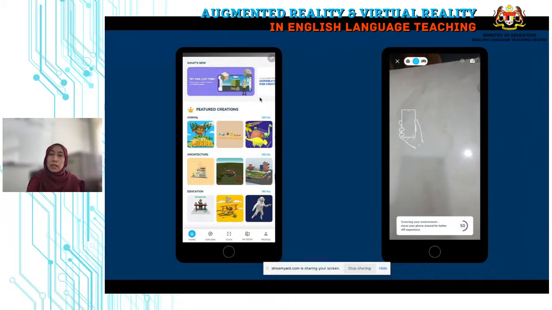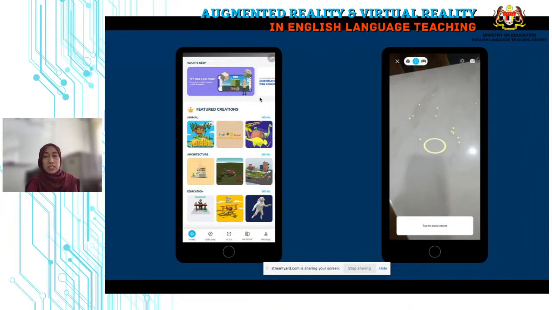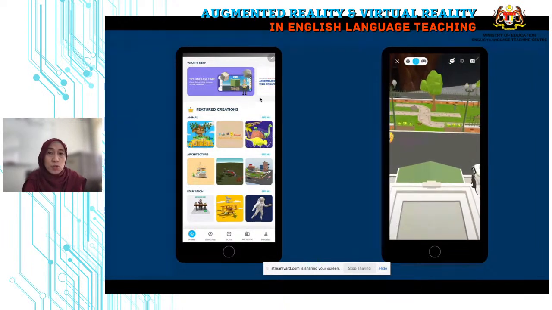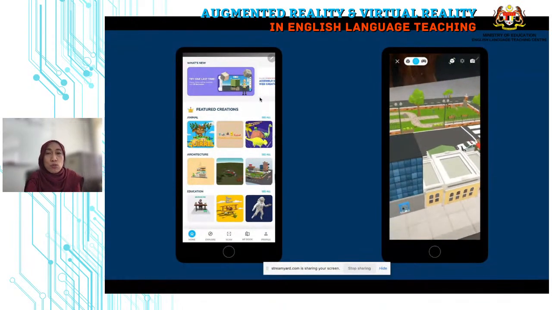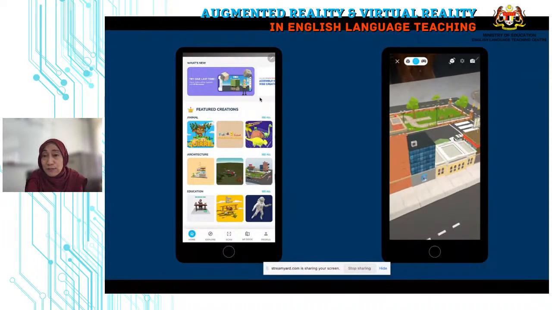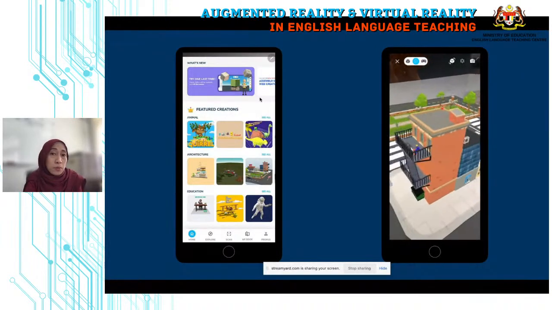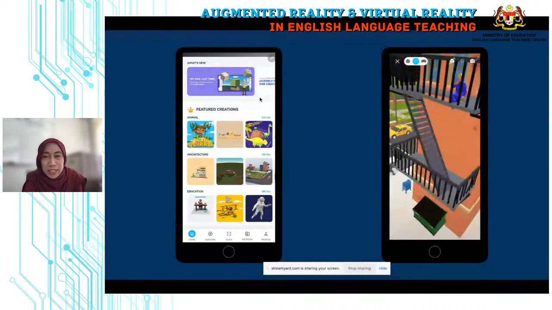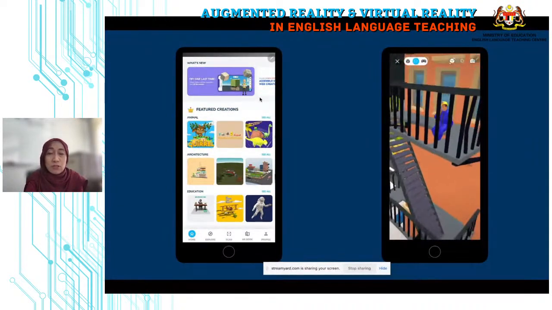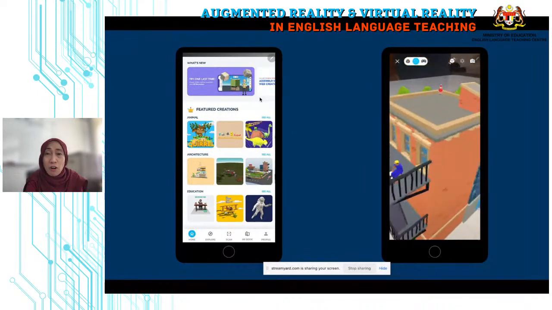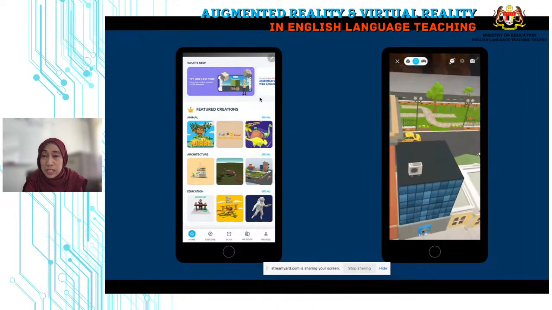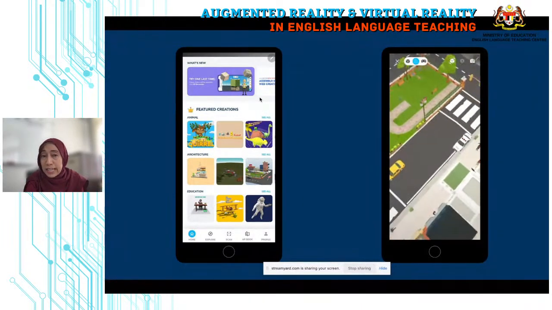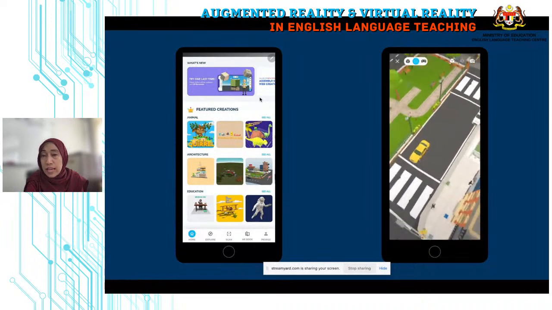So this is another example which can be used in English language teaching, whereby students are probably required to give directions, or they need to describe buildings. There are so many things that you can tap on when using augmented reality. These are all available overlay images that are free to choose in Augment, one of the apps.